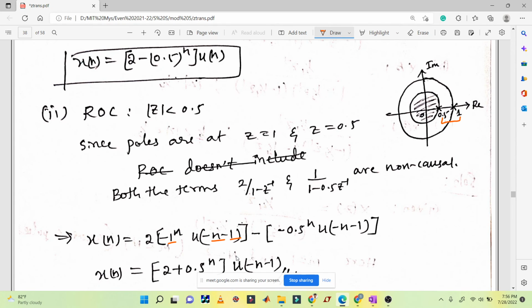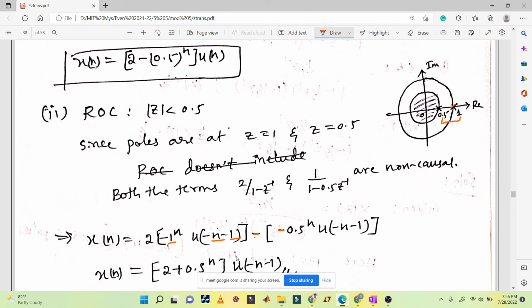Here also this minus sign remains, and here we'll get minus 0.5 to the power n U of minus n minus 1, because ROC is lesser than 0.5 means obviously it is lesser than 1 also. This is for the second sequence.